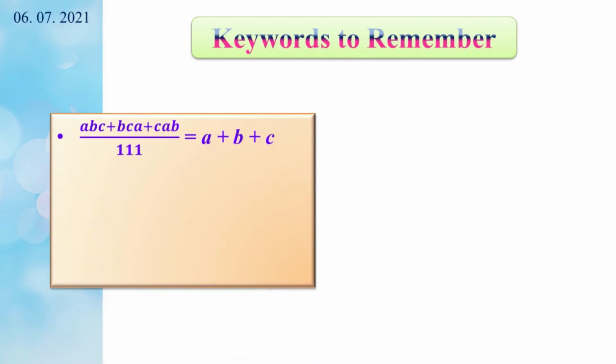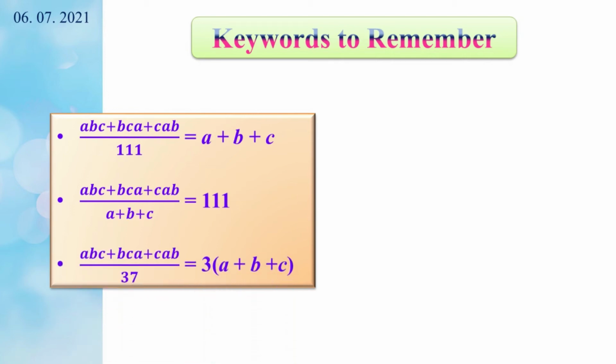Keywords to remember: (ABC + BCA + CAB) divided by 111 equals A + B + C. (ABC + BCA + CAB) divided by (A + B + C) equals 111. (ABC + BCA + CAB) divided by 37 equals 3 into (A + B + C).